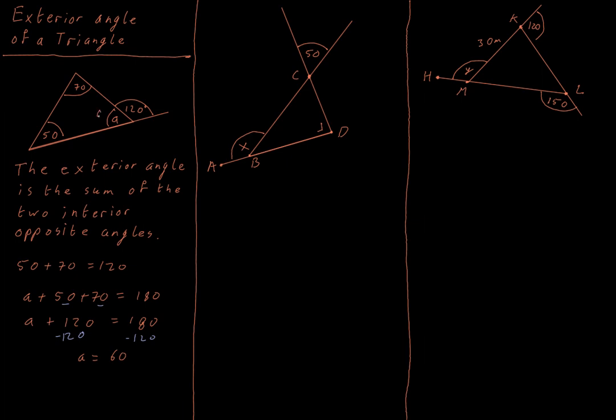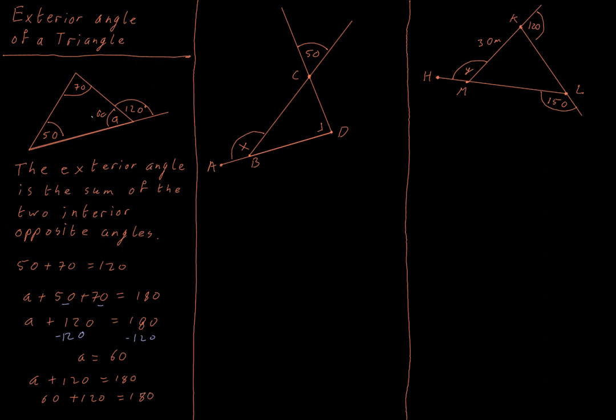So A is 60 degrees. What must this angle out here be? I know it's already labeled, but if we didn't know it, A plus our angle would be 180 as well, because this is a straight line. So A plus 120 would add up to 180, and we know that A is 60 now, and that works out. 120 plus 60 is indeed 180.